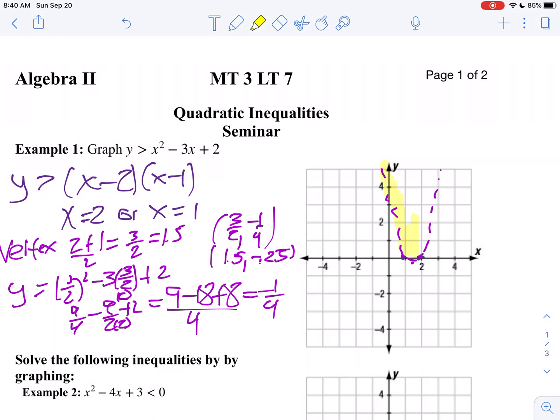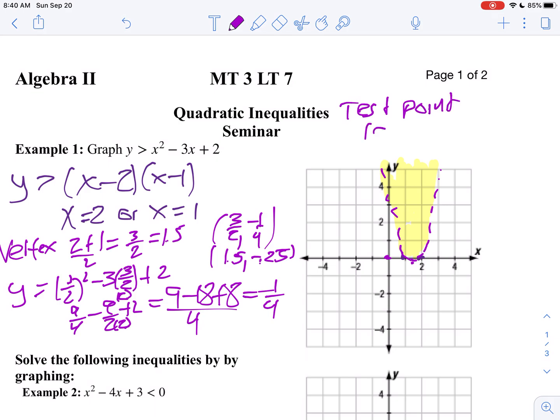Now, sometimes students get confused about what up means. The other way you can do it is you can use a test point. I'm going to pick a test point of 0, 0. Notice 0, 0 is not on my parabola.